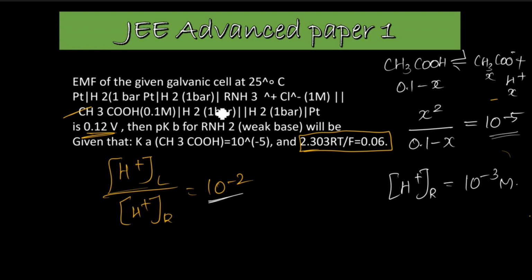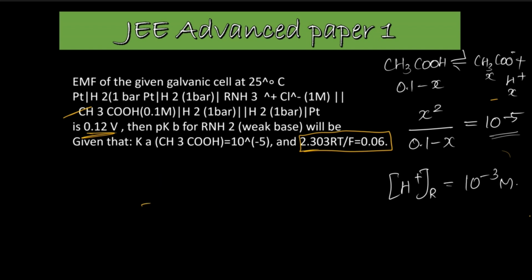Now we are moving on to the ammonia part. So what are the values we know? I'm writing it on one side. This is 10 to the power minus 5. Okay. So for the ammonia part, RNH3, actually amine, reacting with H2O to form amine and H3O plus.